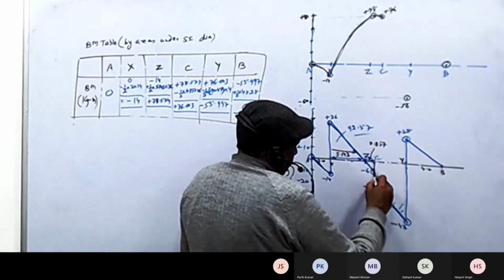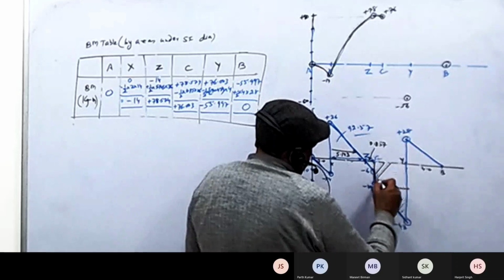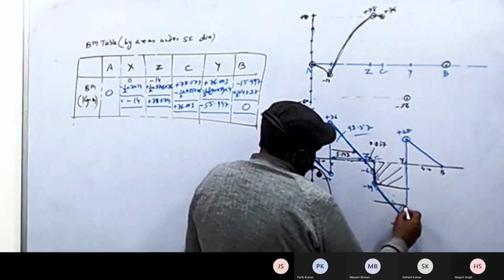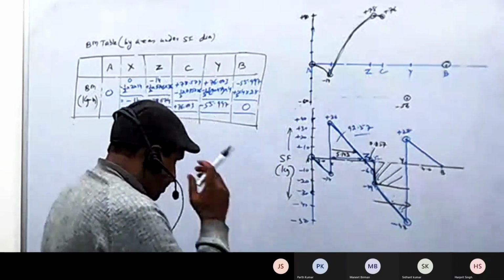This trapezium comprises of this rectangle and then a triangle which is going from vertex to base.